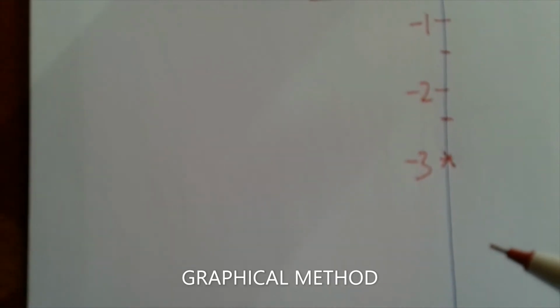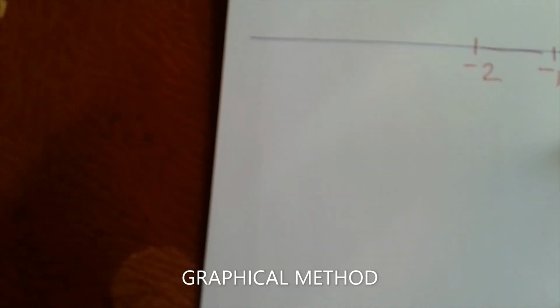Then negative 1, negative 4.6. This is negative 4. This is negative 5, and so on. And therefore, negative 1, negative 4.6 is around here.